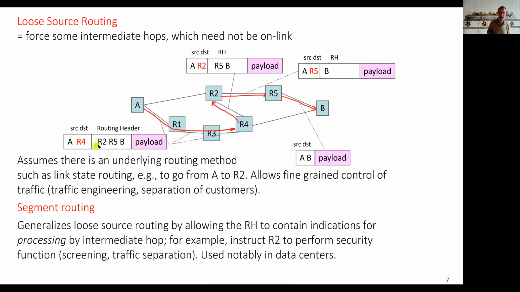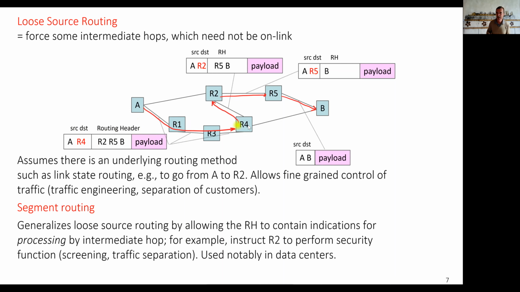And here, the idea is that what is written here is an indication. This is a via. So here, A wants to go to B, but A says, I must go first to R4.